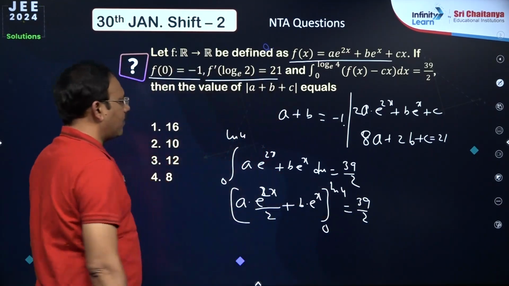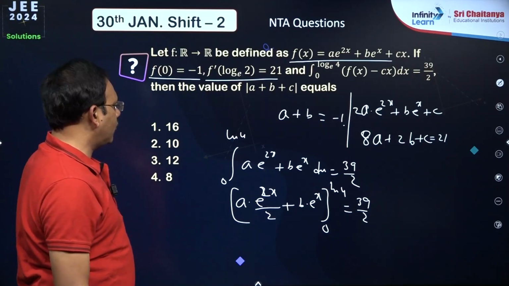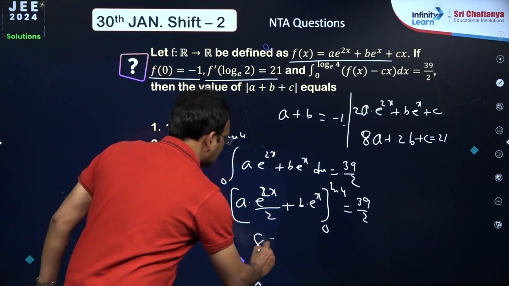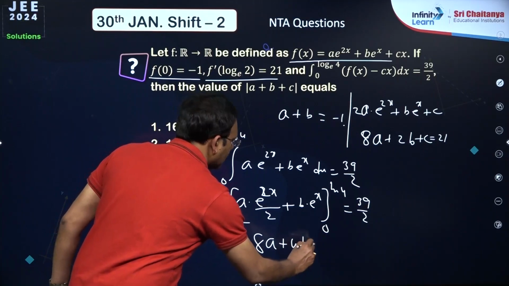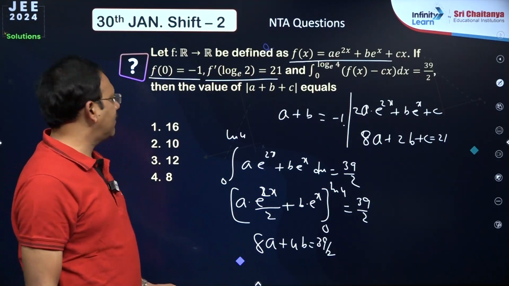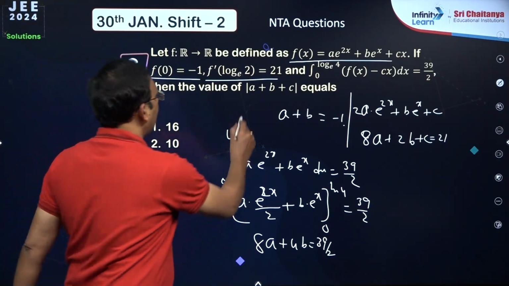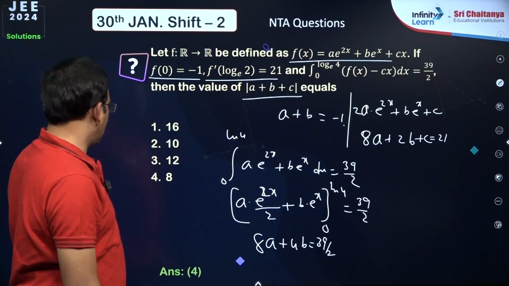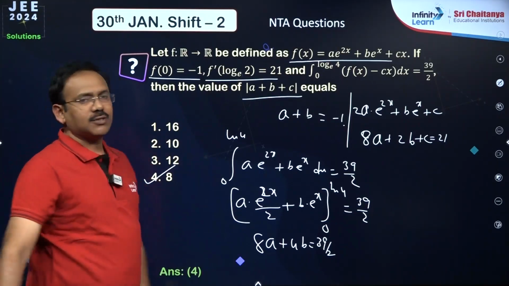You just substitute, my dear friends. If you put ln 4, it is going to be 4 square, 16 by 2 is 8, so 8a plus 4b is going to be 39 by 2. You got three equations in three variables, you can find a, b, c and find the modulus of a plus b plus c, dear students. You are going to get the answer to be the fourth option, 8.